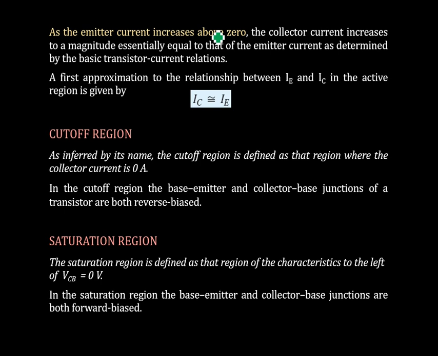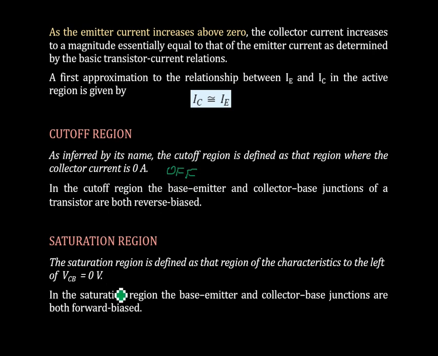Now, as the emitter current increases above 0, the collector current increases to a magnitude essentially equal to that of the emitter current, and this is approximately equal to IE. It won't be equal to IE because there is a factor coming there, we'll see. And the cutoff region is a region where both the junctions are reverse biased, or the transistor is said to be in the off state in this condition.